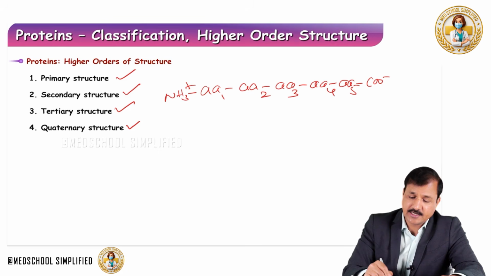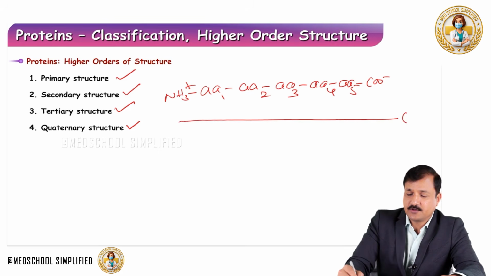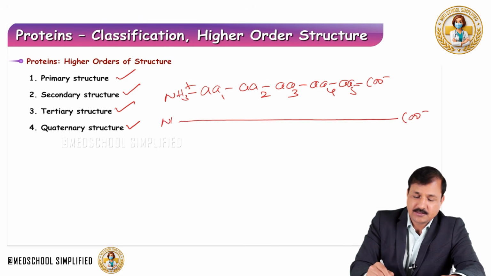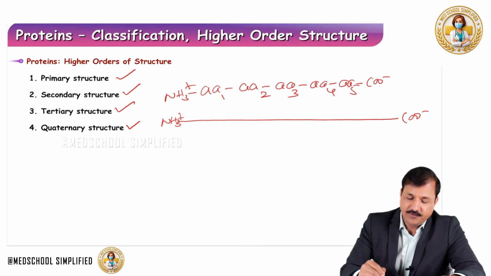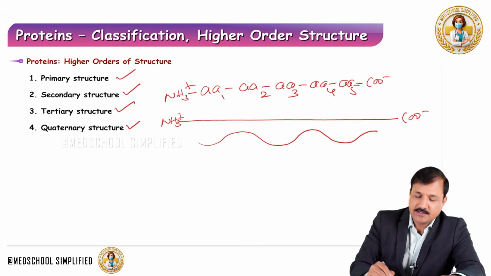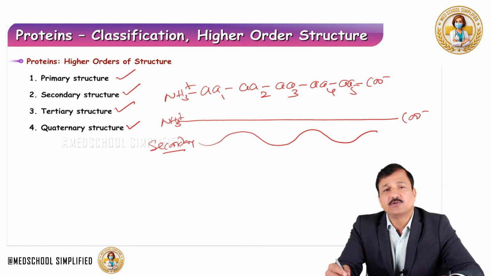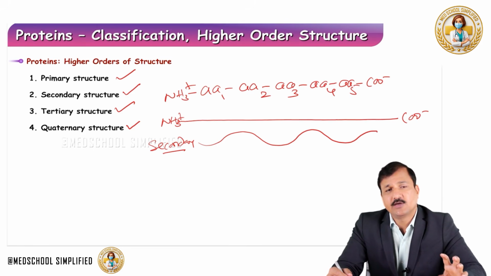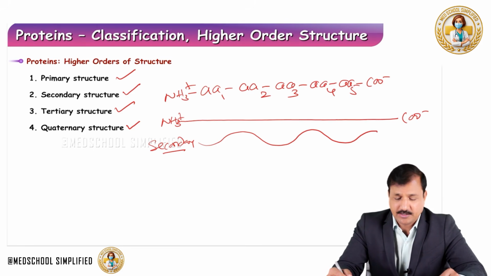Now I'll just write it as a linear chain like this for simplicity. This is the primary structure. Okay. Now if this folds itself and gets some shape like this, this is a secondary structure. That means an interaction within the polypeptide chain which gives a certain shape to a protein molecule, we call it a secondary structure.